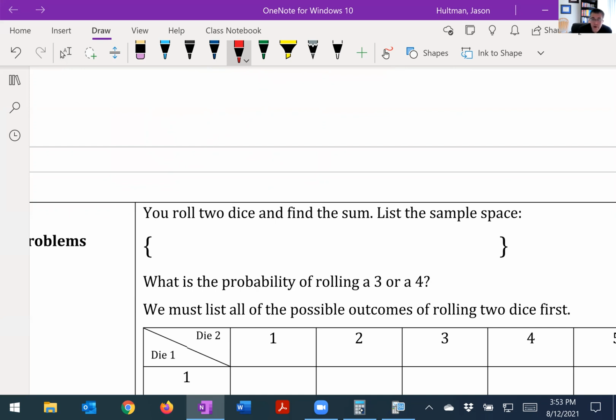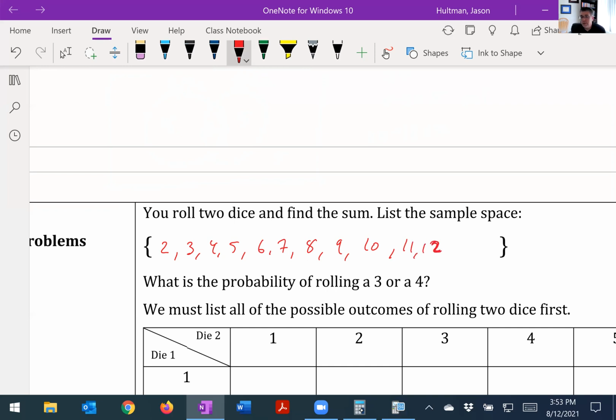What would be the outcome of rolling 2 dice? Well, you could get a 2, a 3, a 4, a 5, a 6, a 7, an 8, a 9, a 10, 11, or a 12. So that's the sample space.